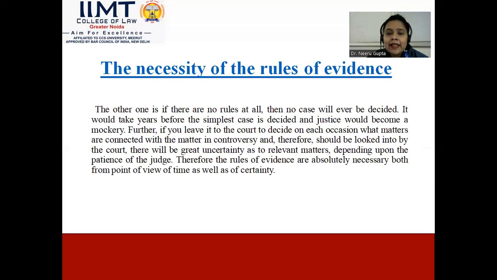Now, the necessity of the rules of evidence. If there are no rules at all, then no case will ever be decided. It would take years before the simplest case is decided and justice would become a monarchy.